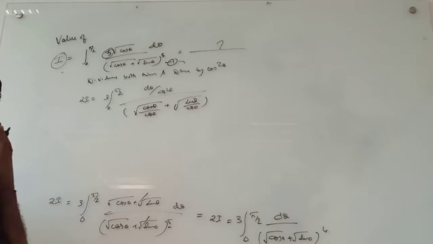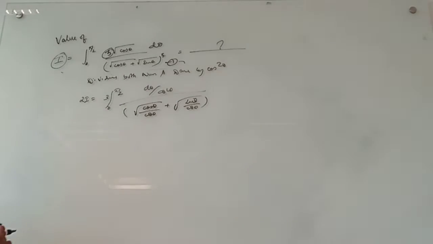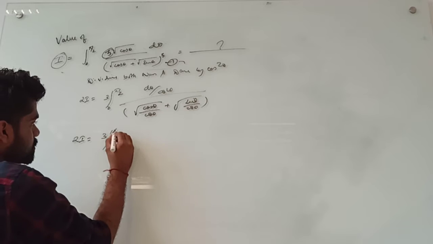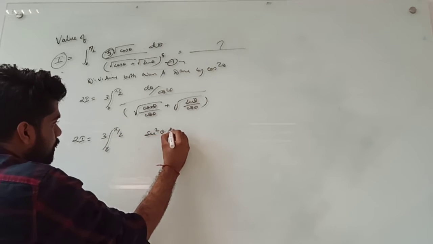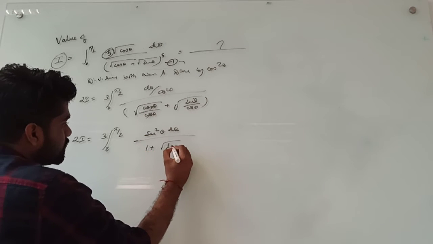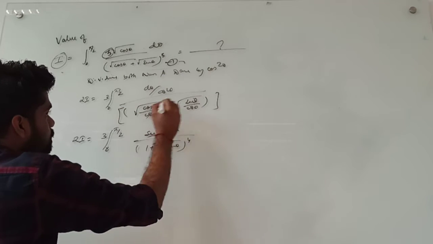Clearly you can understand this. In the next step we'll simplify. So it will become 2I is equal to 3 integral 0 to pi by 2, 1 by cos square theta is nothing but sec square theta d theta, and cos theta will be cancelled, it will be 1 plus root of tan theta to the power 4.